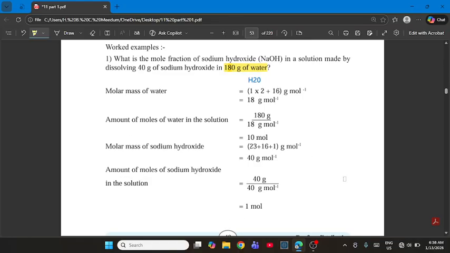So what you are going to do here? 180 divided by 18 gram per mole. Because this is a molar mass and this is a mass. So this gram cancels with this gram. Then this per mole comes upward, then it becomes just mole.